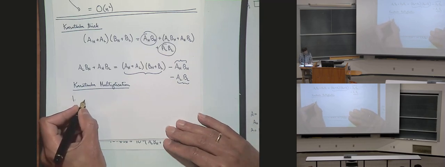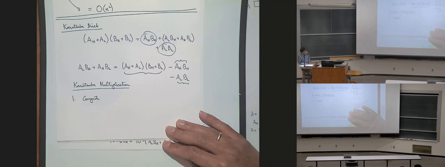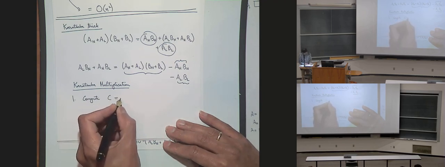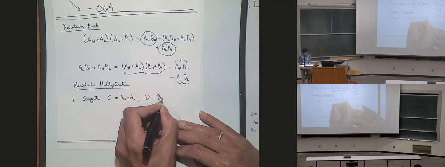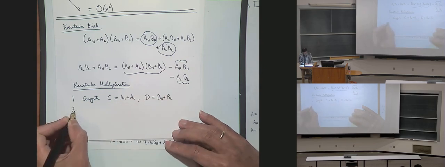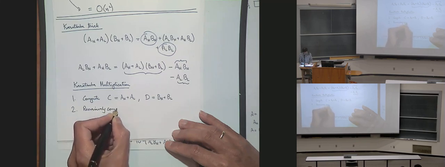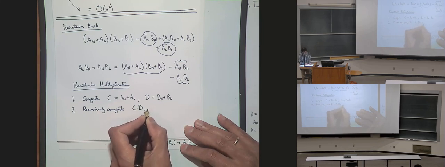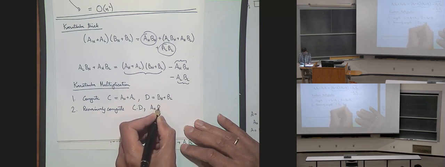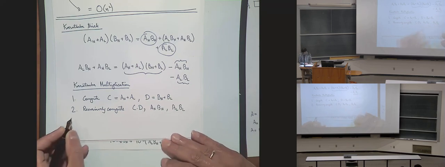What he basically said was one way of doing this is, you first compute what I'll call C, which is AL plus AH, and D, which is BH plus BL. Then you recursively compute C times D, that's one product. You do AH, BH, and AL, BL.